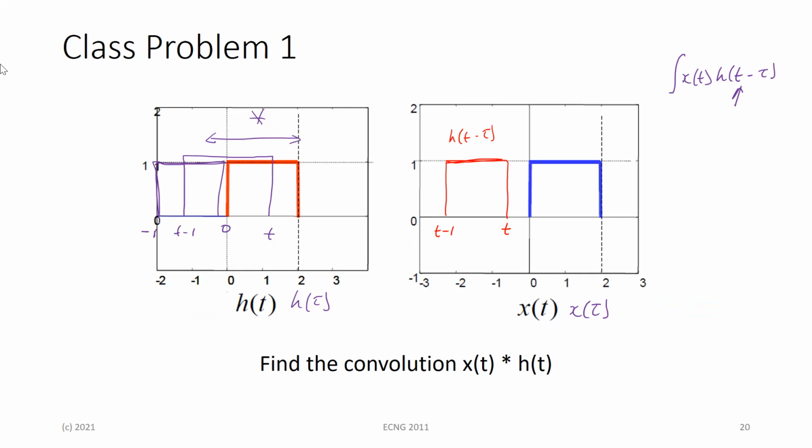The first zone, so what you do now is to evaluate integrals in zones. Remember this is 0 and this is 2. So for t less than 0, there's no overlap. Therefore the convolution is 0.